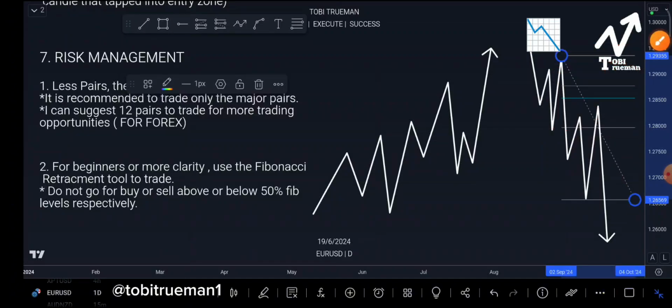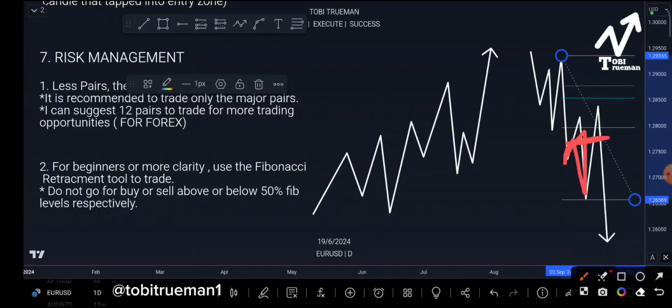But if the inducement is below this 50% retracement of the Fibonacci tool, what do we have to do? We should not take such a trade. Although you can take it, it may be risky, it may give less probability of winning. That is why the Fibonacci tool is highly recommended.